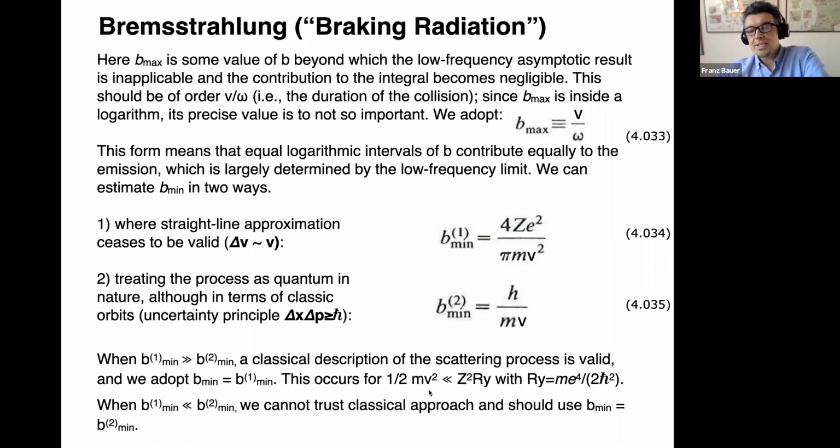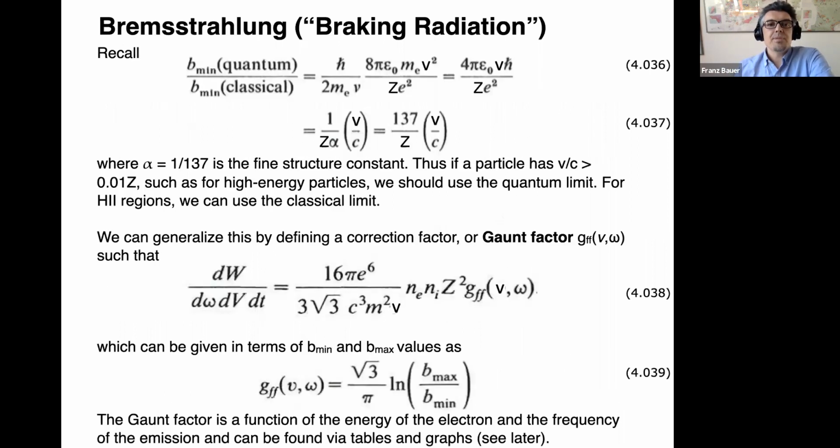This is typically the case for electrons which have a rest energy much less than the Rydberg value here. When this doesn't hold, so when the quantum mechanical one is larger, we can't trust the classical approximation. We should use the quantum mechanical. Okay.